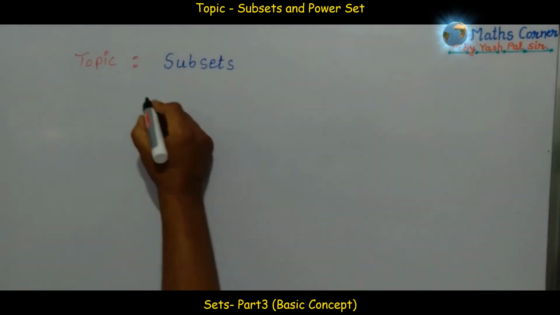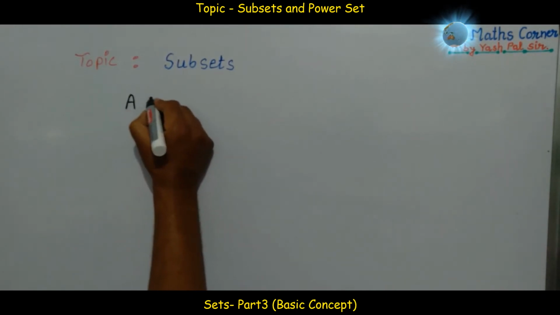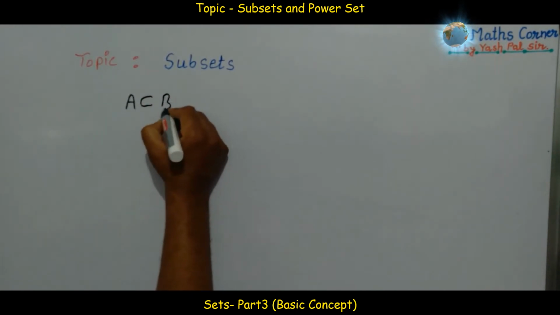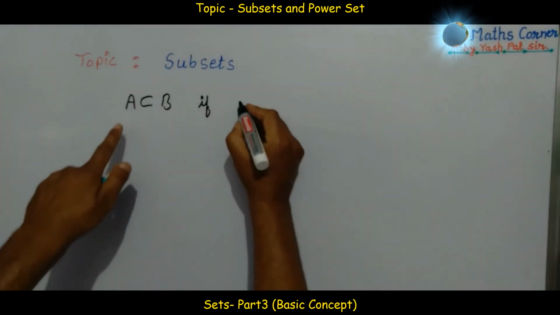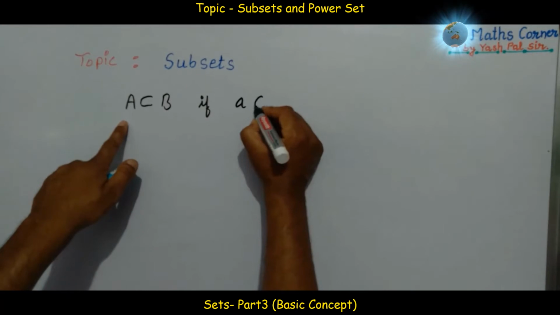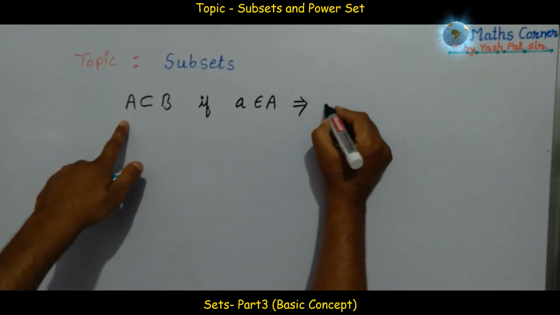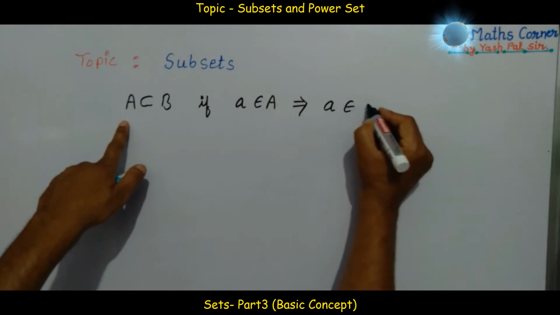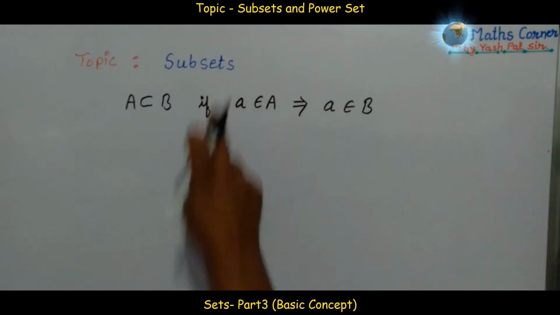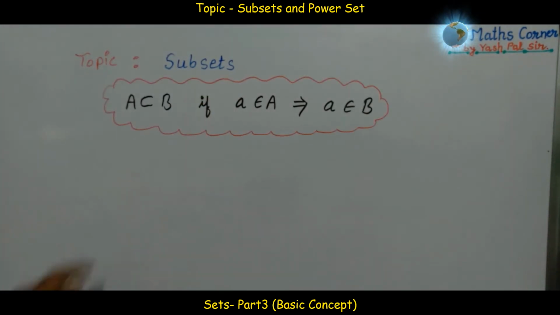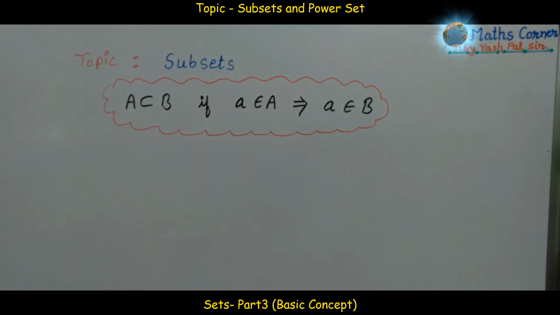Symbolically, if a and b are two sets and a is a subset of b, it means if x is any element of set a, it implies x is also an element of set b. So symbolically this is the meaning of subsets. To understand the topic of subsets in detail, let us consider a few examples.